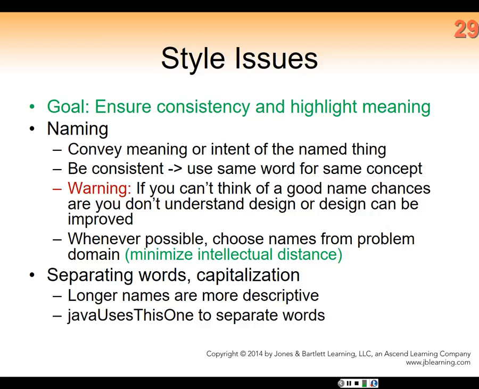Some other languages use underscores. In general, longer names are more descriptive, but don't go crazy. Just like if you're writing a sentence, there's such a thing as a run-on sentence when you try to put too much content in this single sentence. You might have a name that's too long and obscures its meaning.